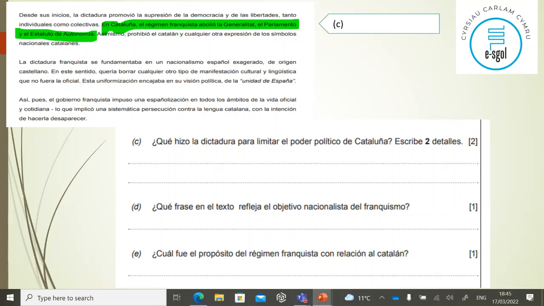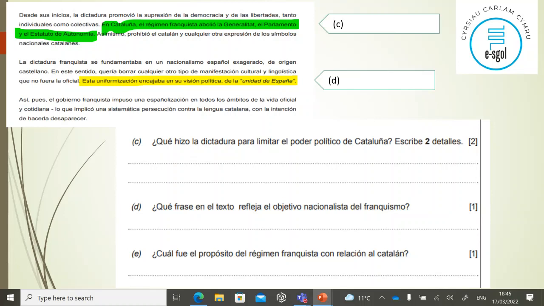We're now going to locate question D. ¿Qué frase en el texto refleja el objetivo nacionalista del franquismo? Got the area in here. Esta uniformización encajaba en su visión política de la unidad de España.